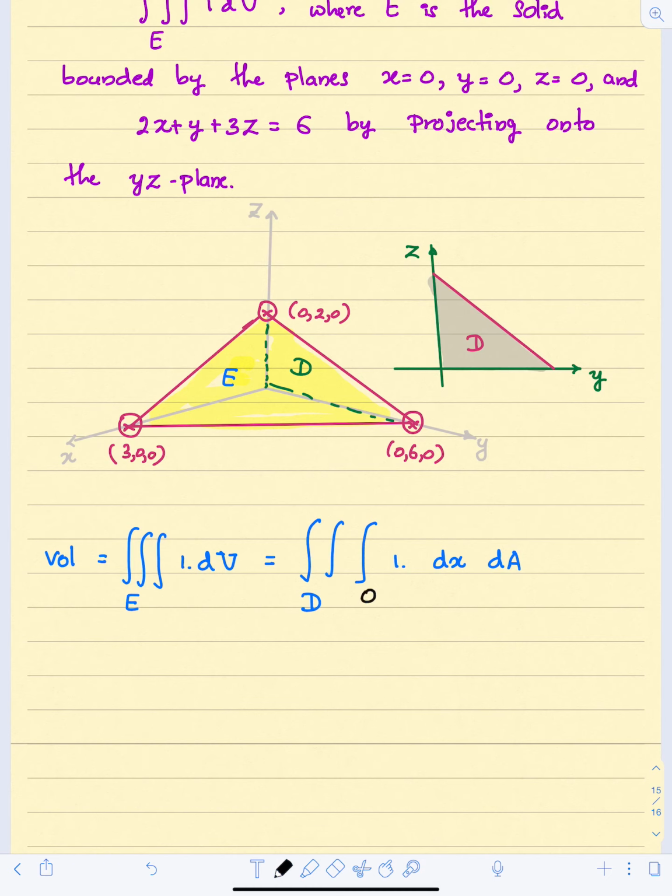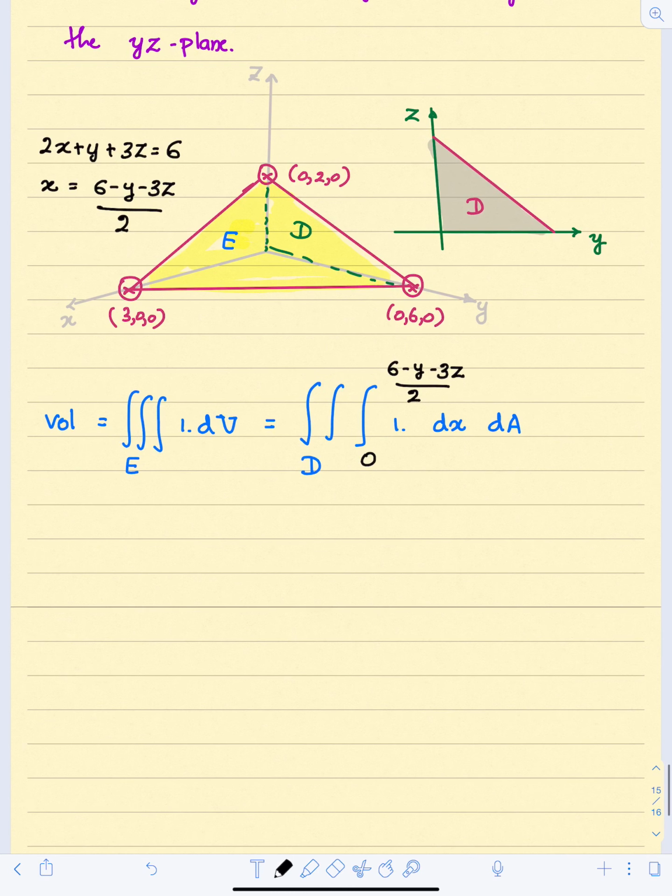Upper limit of x is given by the plane, and the equation of the plane is 2x plus y plus 3z equals 6. Let's solve for x. You will get x equals (6 minus y minus 3z) over 2. So then the upper limit of this inner integral should be (6 minus y minus 3z) over 2.